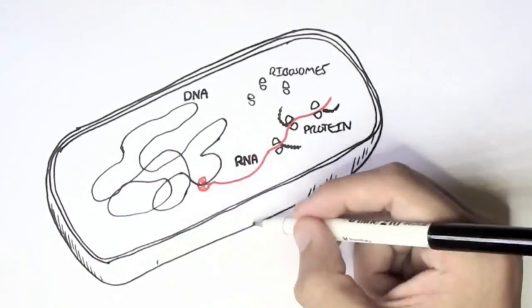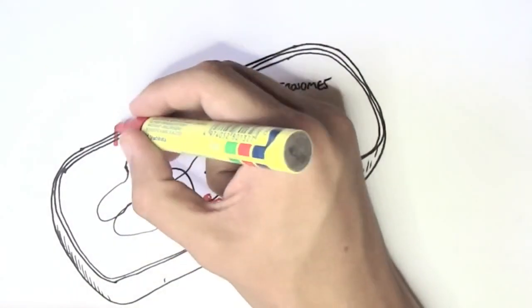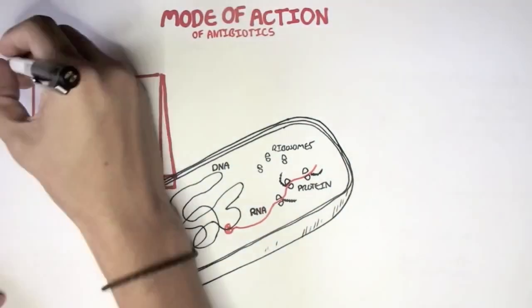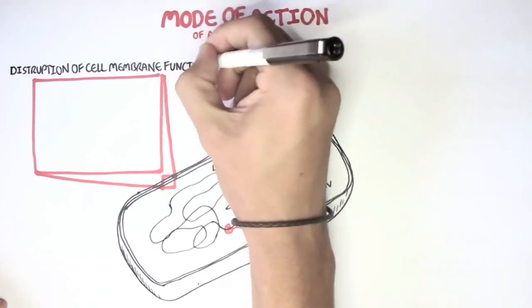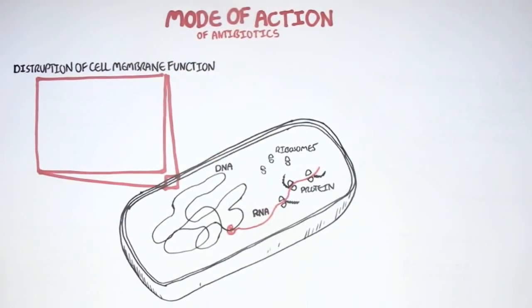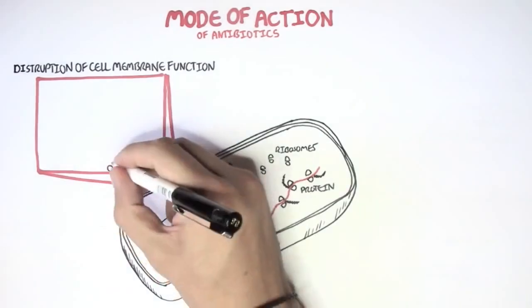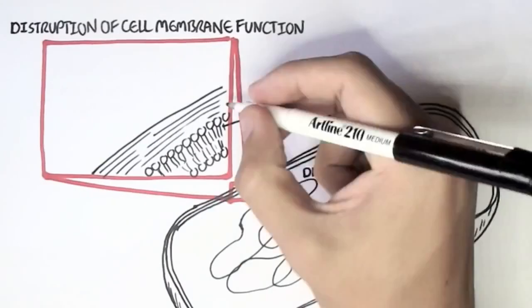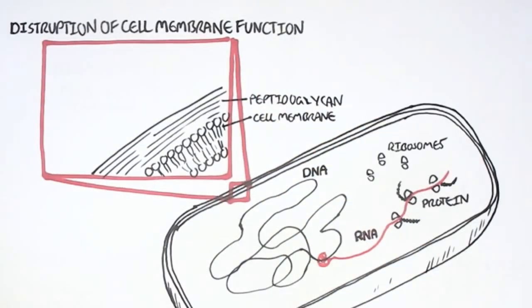The first type of antibiotic that I want to talk about are the ones that target the cell membrane. These antibiotics will disrupt the cell membrane function, which means that they disrupt the phospholipid bilayer. So here is the cell membrane and here is the cell wall, known as a peptidoglycan. They are different.